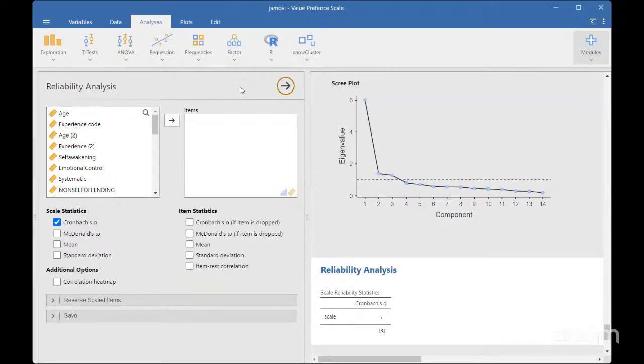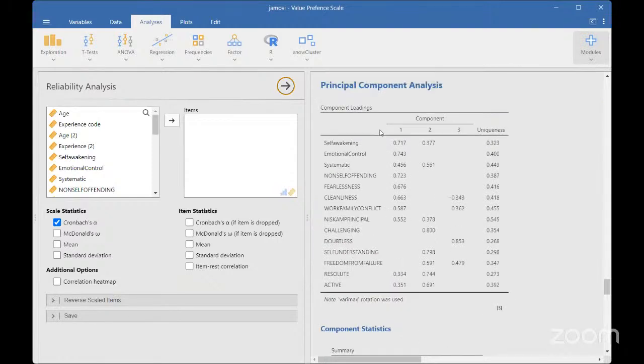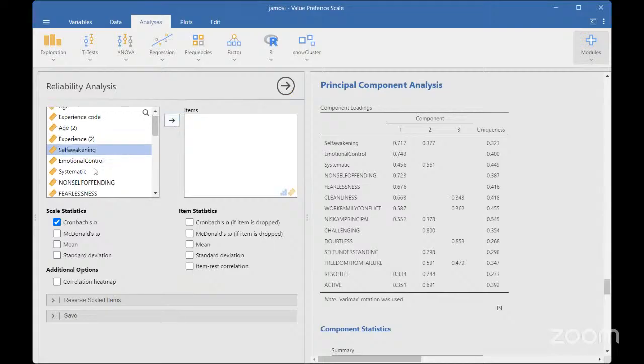You take this first component variable only in items. That is self-awakening, emotional control, up to Nishkam principle.